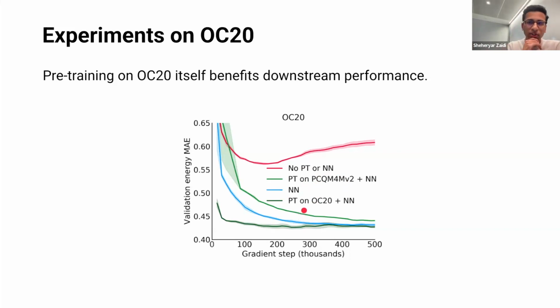But then we tried another thing, which is just pre-training on OpenCatalyst 2020 itself. This is kind of suboptimal in the sense that you don't have extra new data, so it's harder to learn something that's outside the downstream data set. But we found that if you do that, there's very quick convergence. Initially the model converges really fast, and then levels out, converging around the same point as just using noisy nodes. But that is after pre-training for a long time, right?